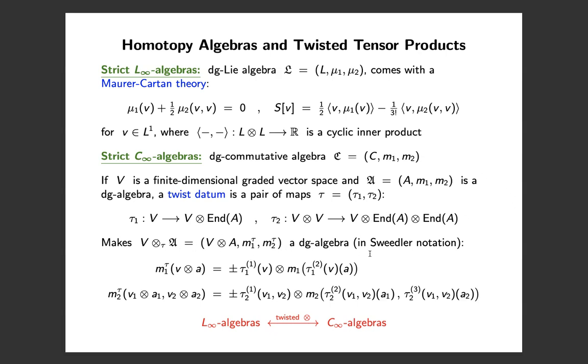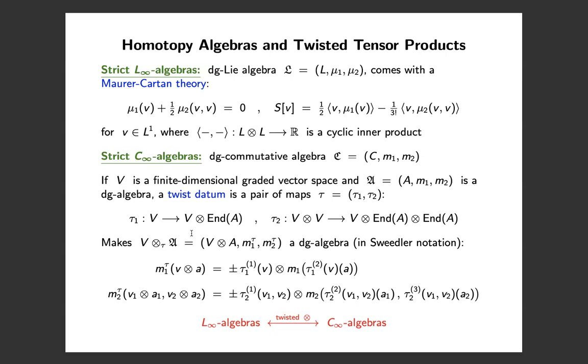Then we can define a new differential graded algebra called the twisted tensor product. The underlying vector space of that DG algebra is just the ordinary tensor product of graded vector spaces of V and A. And then you just deform the differential and the multiplication maps of your original DG algebra. I'm going to write it in Sweedler notation, the twisted differential on a tensor product of two elements.